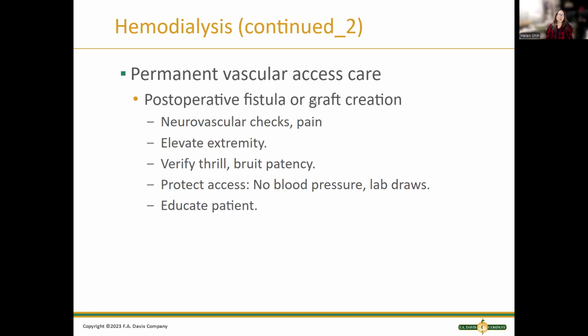So we're going to care for them postoperatively after their fistula or graft surgery. We're going to give them neurovascular checks and monitor them for pain. We're going to elevate the extremities because they're probably going to have some sort of swelling after surgery. We're going to verify the thrill and bruit patency of this access.